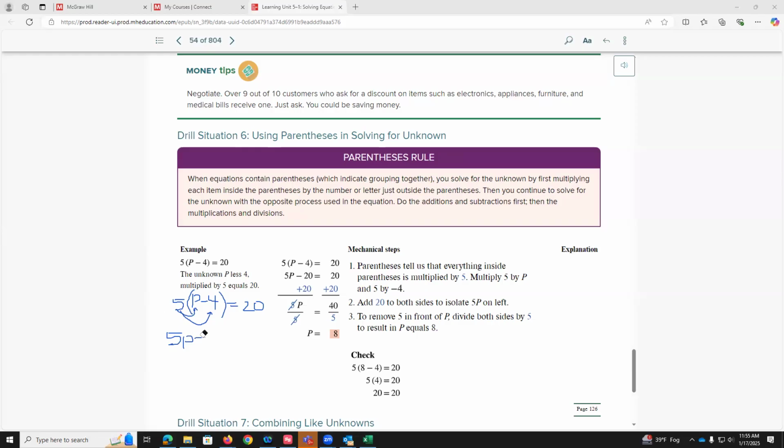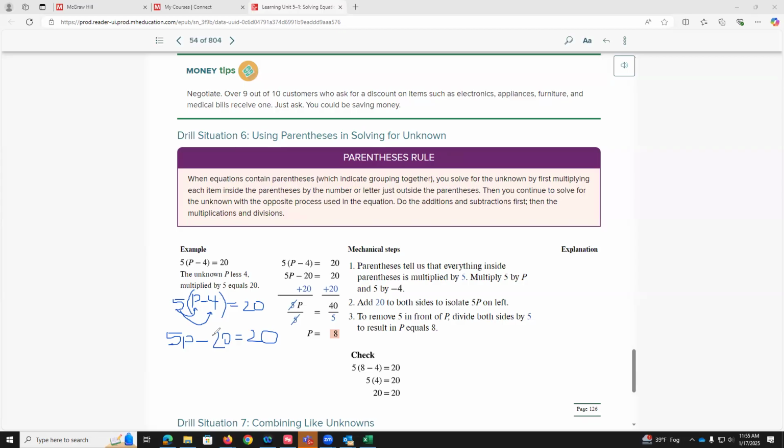So I don't think that's a plus. There we go. Okay, I'm going to keep my minus sign. 5 times 4 is going to be 20. And then I don't do anything to this right side because there's no number to do anything with. There's no letters, there's no variables. It's just 20 by itself.